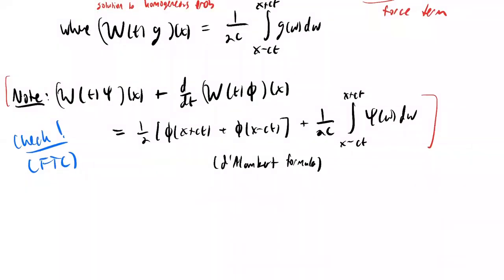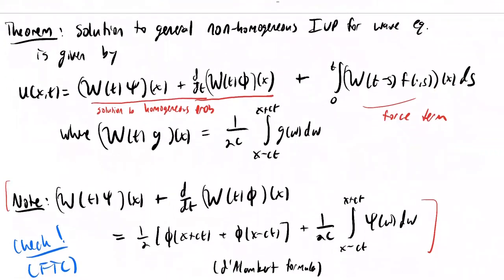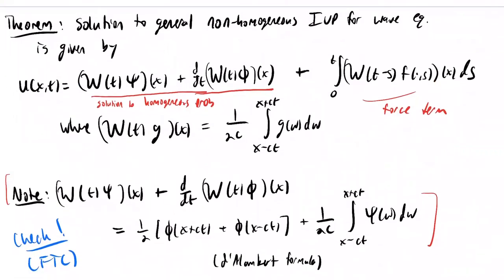Okay, I'm not going to go through the details of the proof of this theorem. The proof is very similar to the proof in the diffusion case, so it's not worth going through again. But at the beginning of the next lecture, we'll begin by looking at some examples, and I'll have a little more to say about this. Then we'll return to the homogeneous problem, but now, instead of the domain being the whole real line, we'll consider the case where the domain is a finite region, like a rectangle.